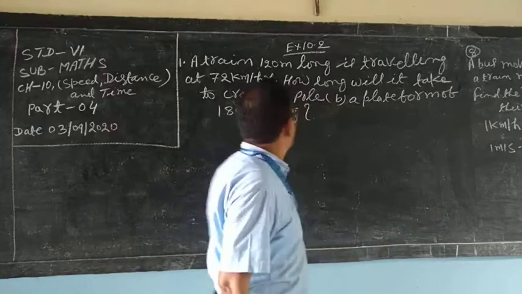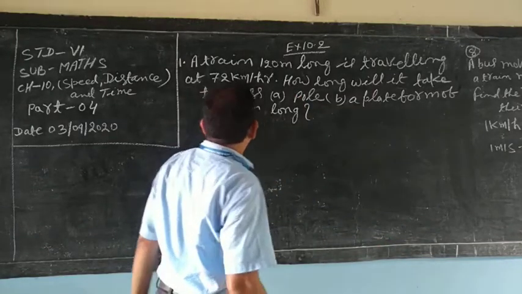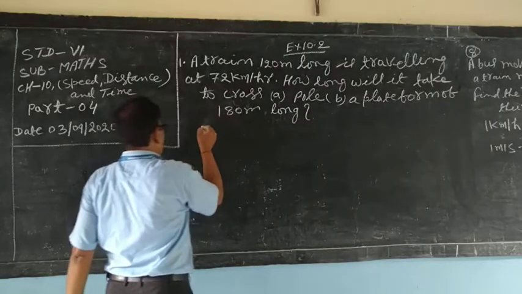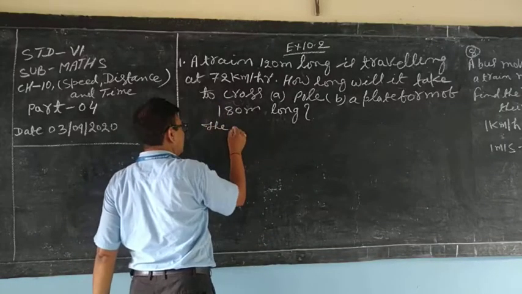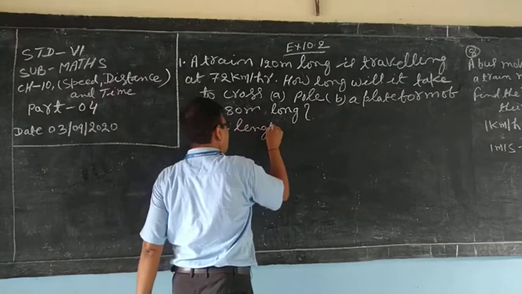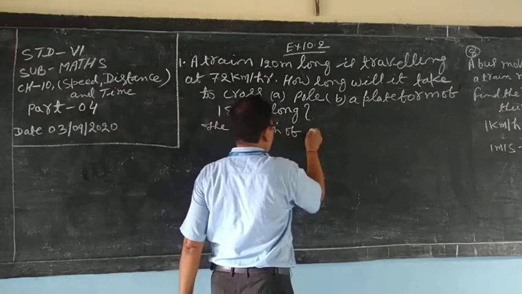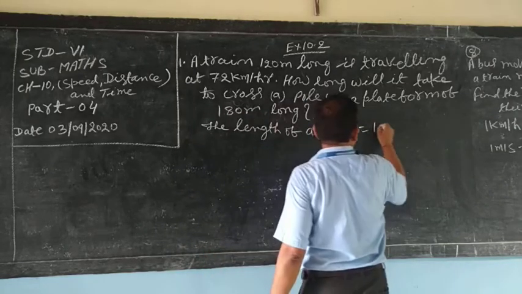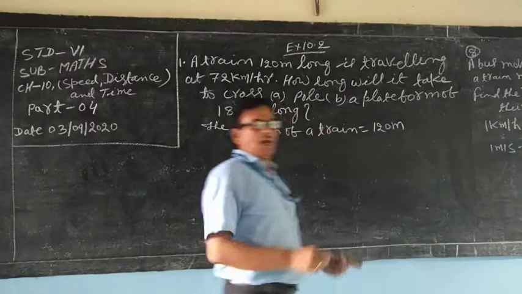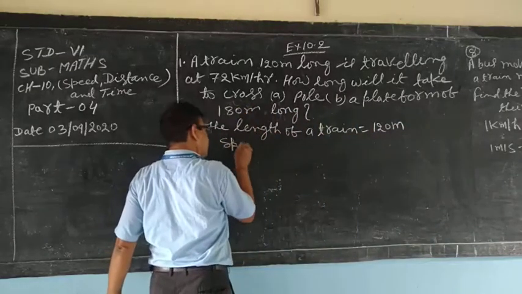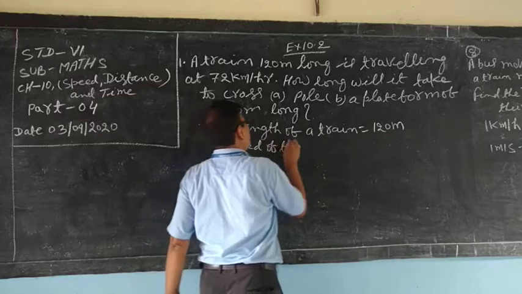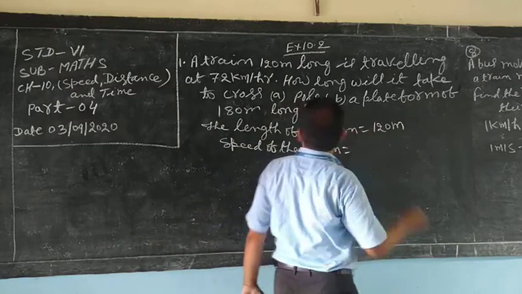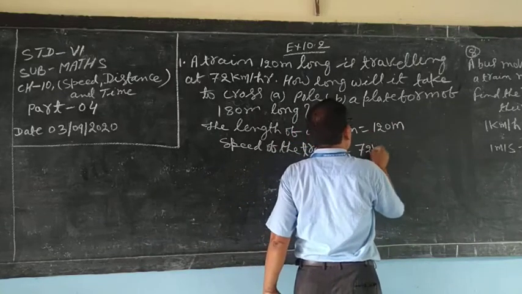My dear student, see this one. What is given? The length of the train is given, 120 meter, and the speed of the train is given, 72 kilometer per hour.